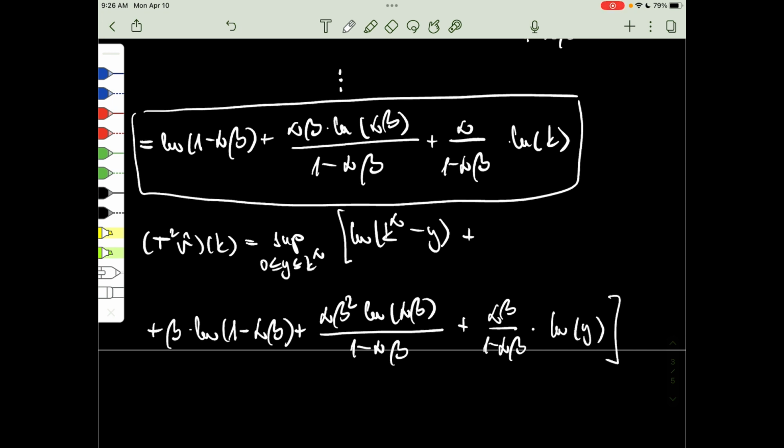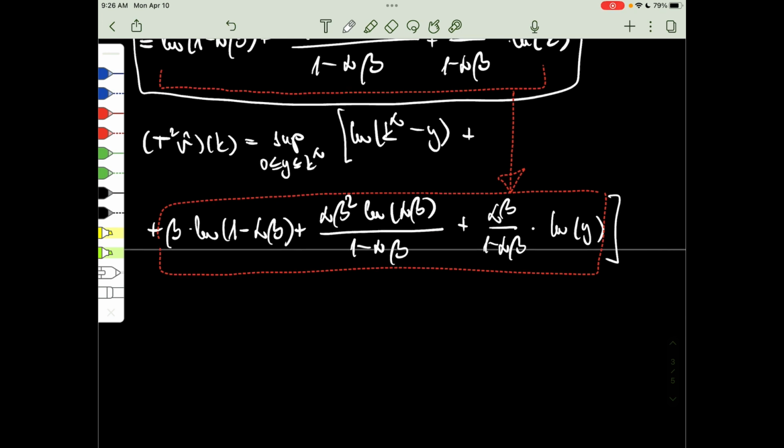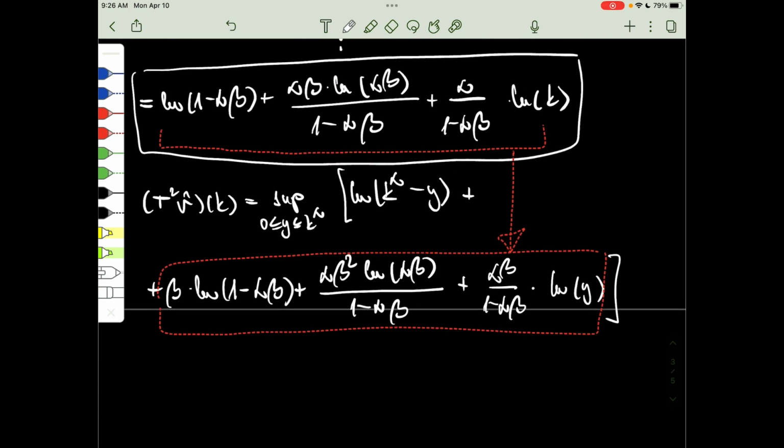So we have put this value function into the functional equation of the next round. We want to maximize the functional equation, so we're going to do the same.